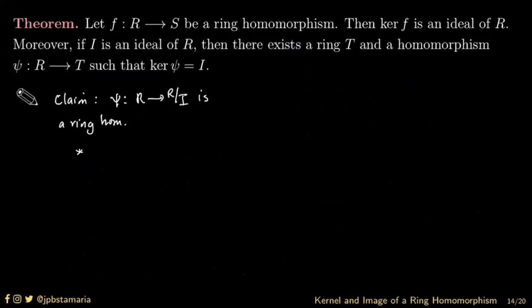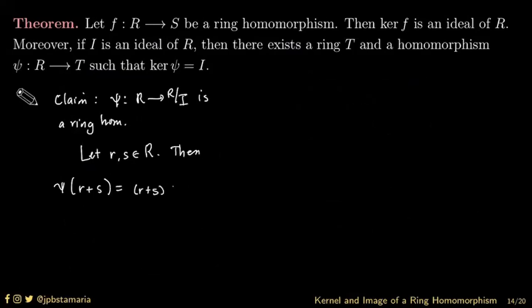Okay? Paano? Kasi kuha ka ng dalawang elements ng R, let's say R and S. Kunin mo yung image ng sum. Okay? Now, paano ba yung image ng sum? Ano bang definition ng psi?